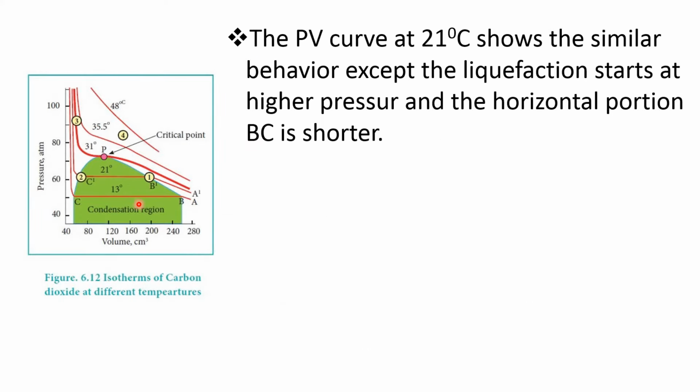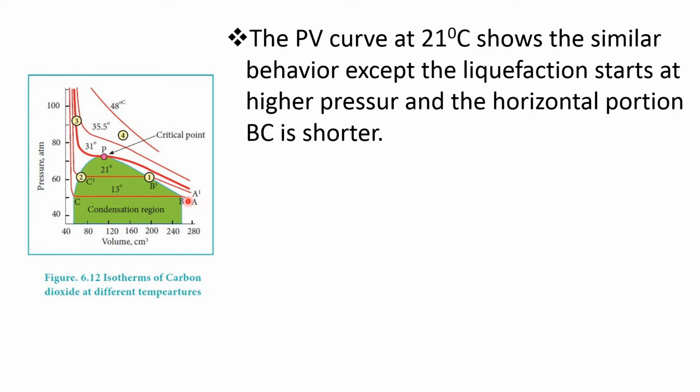Now we'll see this pressure volume curve at 21 degrees centigrade, which is higher than 13 degrees. At higher temperature, the nature of the curve is almost the same. But what is the exception?